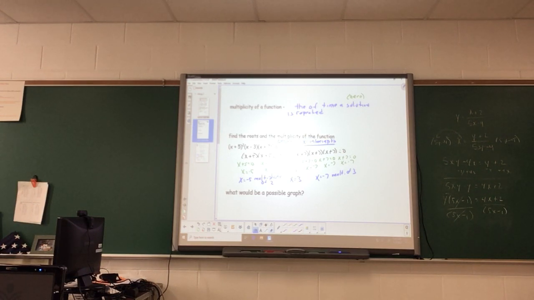When you take a look at this in the graphing realm, it changes from the zeros of the function in the algebraic world into the x-intercepts. So we have x-intercepts at negative 5, at 3, and at negative 7.